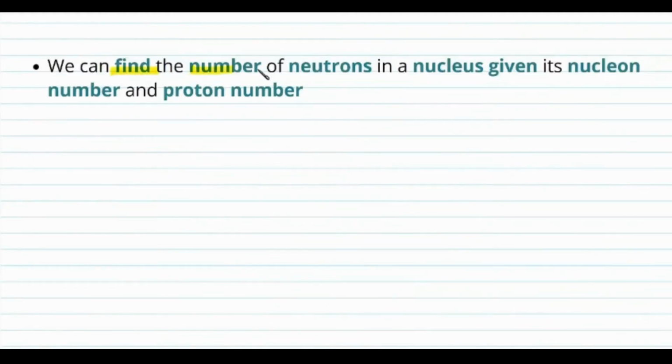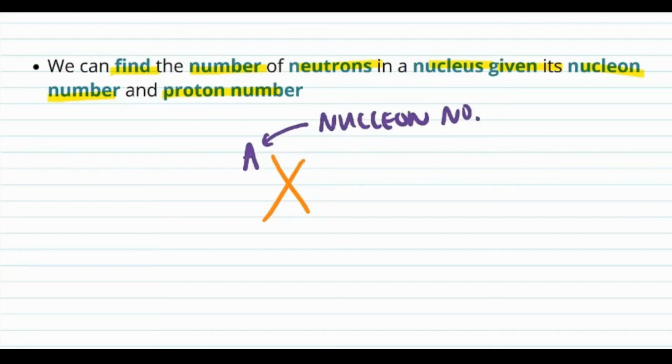We can find the number of neutrons in a nucleus given its nucleon number and proton number. Remember the notation we use has nucleon number at the top and proton number at the bottom.